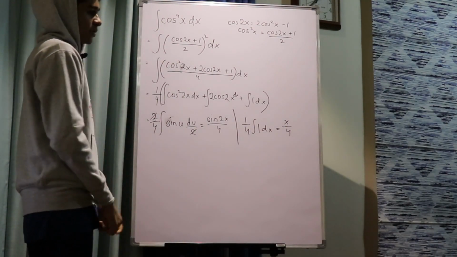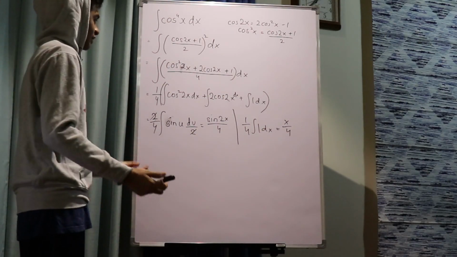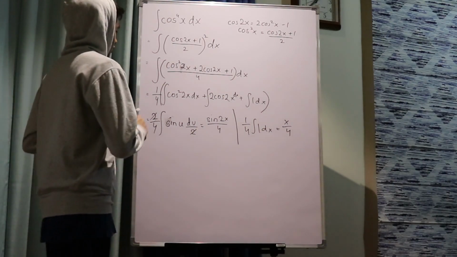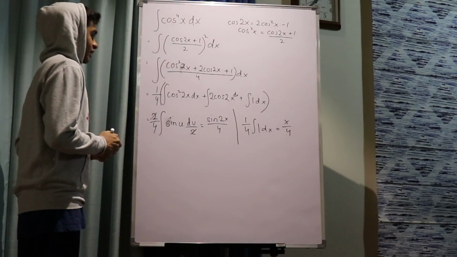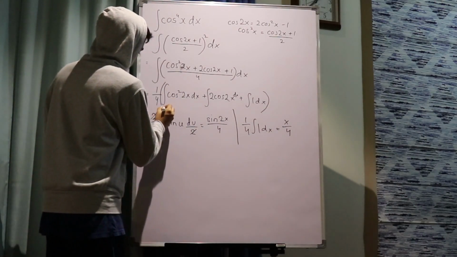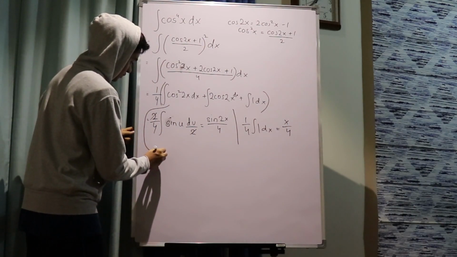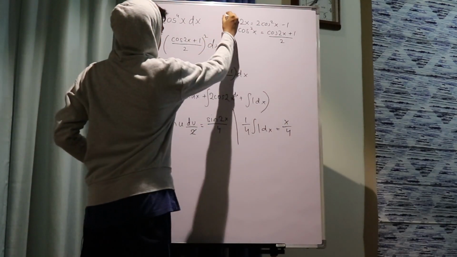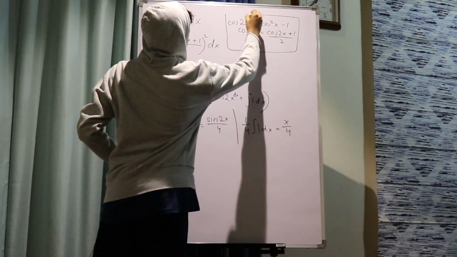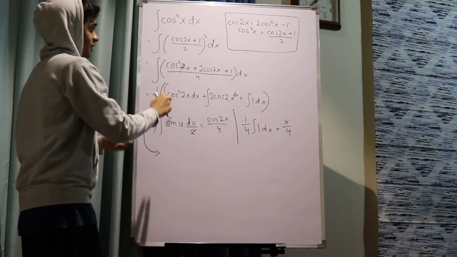So now we have to solve, of course, the hardest one. So we have cos square of 2x. Using the same formula that we derived over here, we're going to rewrite this in that form.